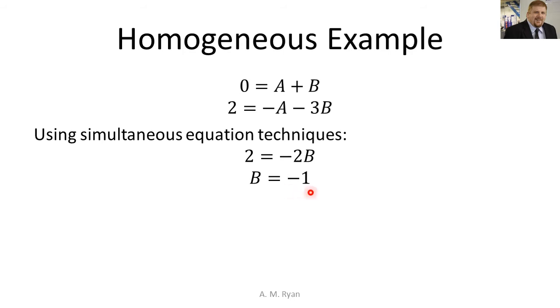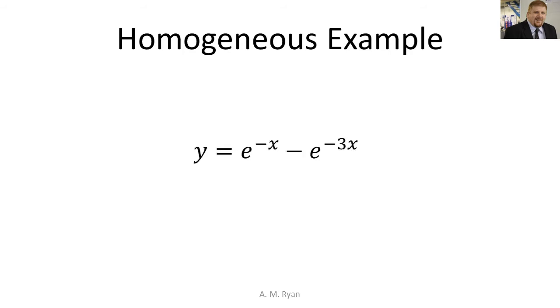From that, if 0 is a plus b, then a must equal 1. And so our particular solution for this system is that y is equal to 1e to the minus x minus e to the minus 3x.